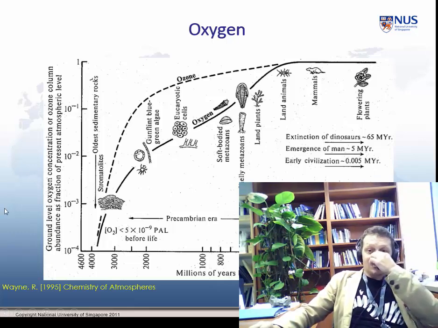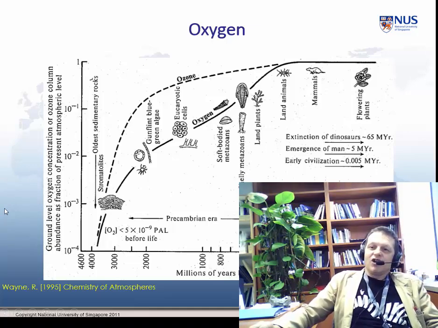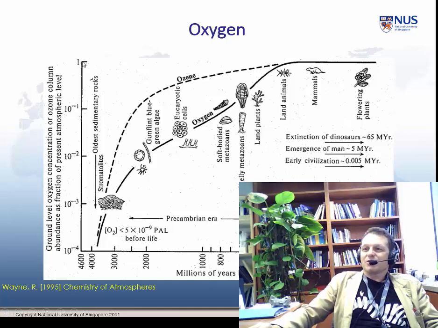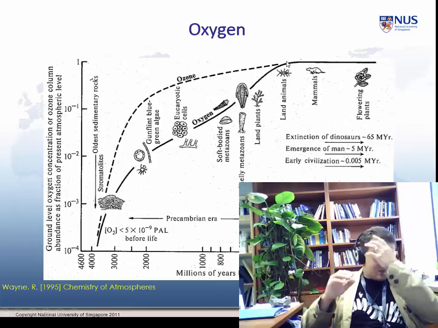This scale is interesting. It's a decadal magnitude scale of present atmospheric level of oxygen. So 1 is the present atmospheric level of oxygen.